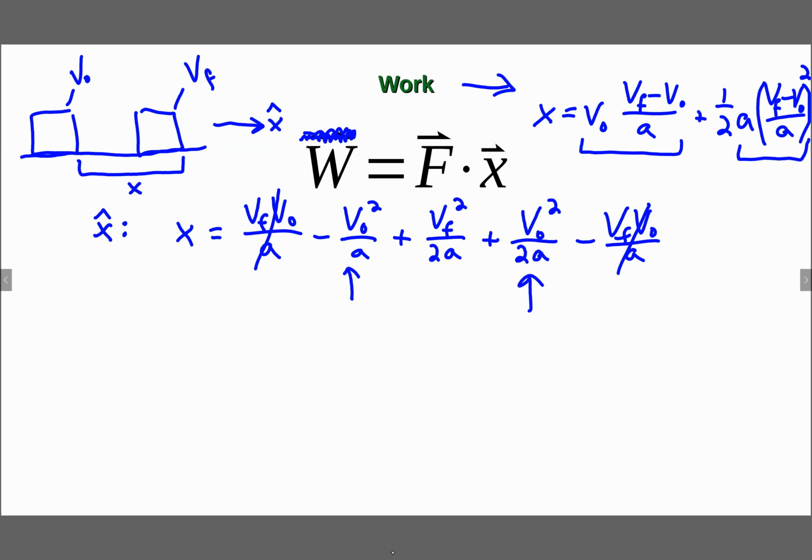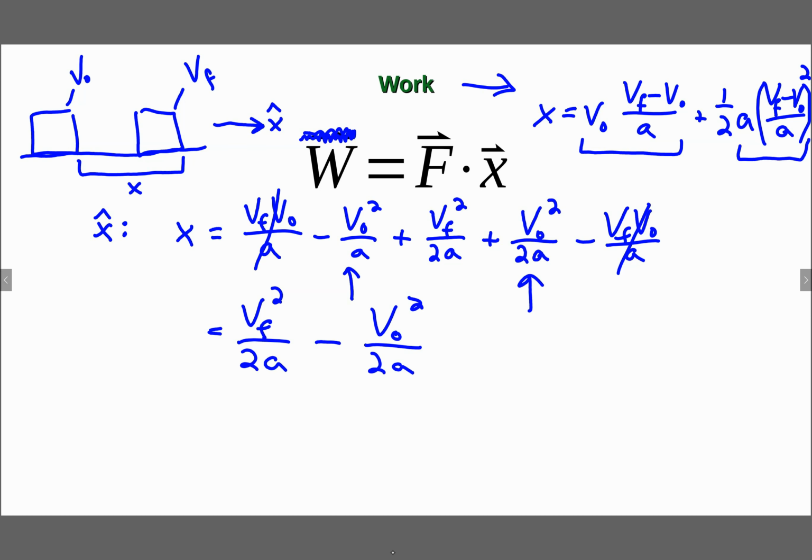Okay? So what we'll end up with is v final squared over 2a minus v naught squared over 2a.